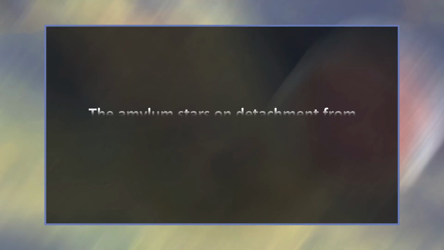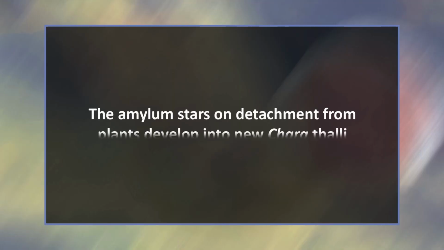In some species of Chara, for example, Chara stelligera, on the lower nodes of main axis develop multicellular star-shaped aggregates of cells. These cells are full of amylum starch and hence are called amylum stars. The amylum stars on detachment from plants develop into new Chara thalli.